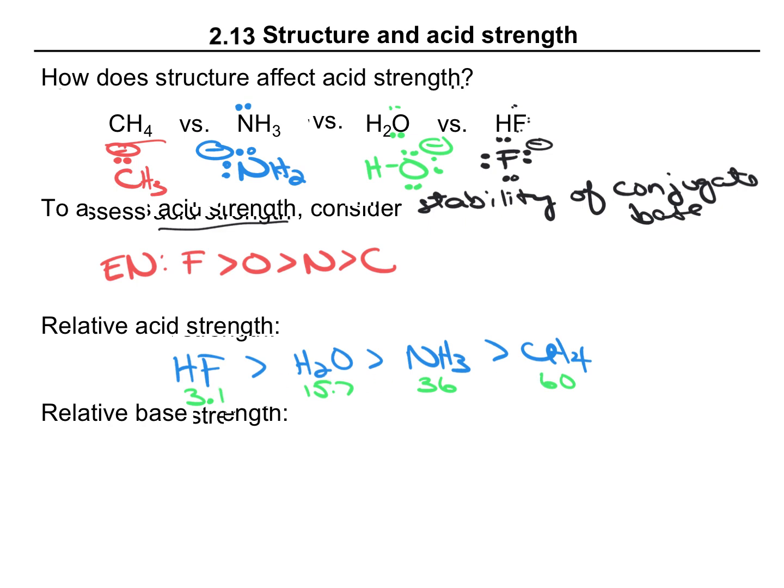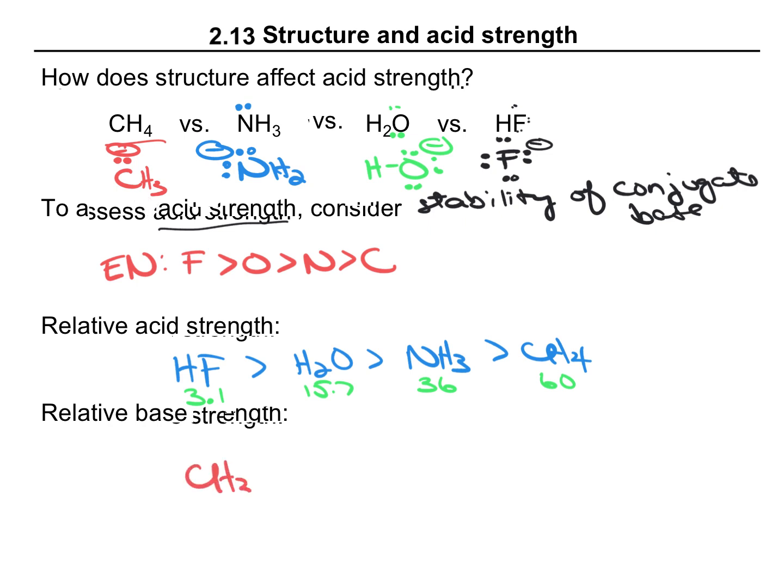Now looking at it in the other direction, the relative base strength, because CH3- is very unstable, it doesn't want to exist as the CH3-. So it really wants to act as a base. It really wants to grab off a proton from anybody. And so that means this is a very, very strong base.